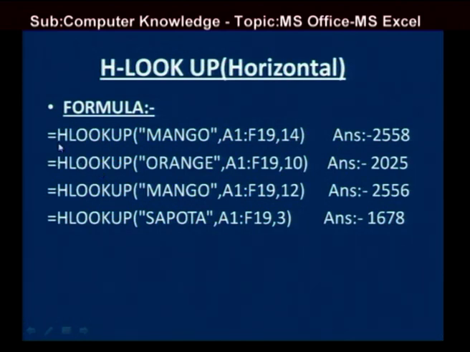Equals to HLOOKUP, equals to is must and should for every formula in Excel. HLOOKUP of, within inverted commas, because whenever we write characters we must use double quotations. Mango, A1 to F19. A1 to F19 is the table range, the starting and ending of the table.